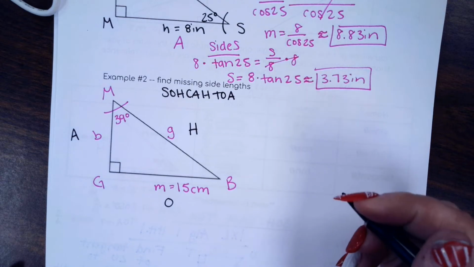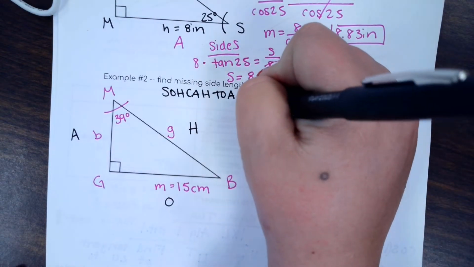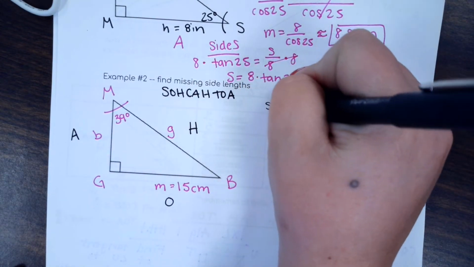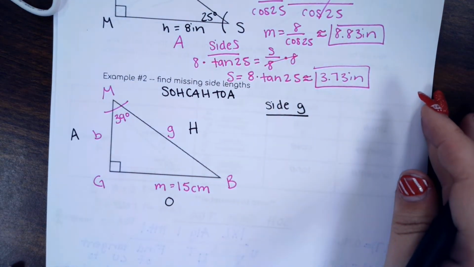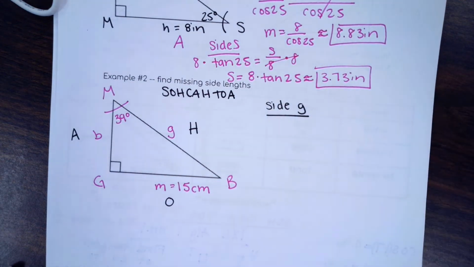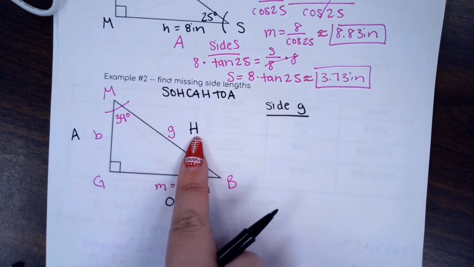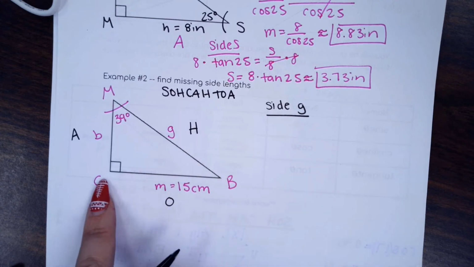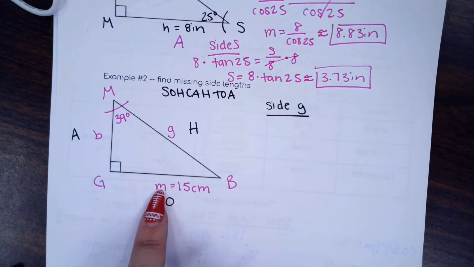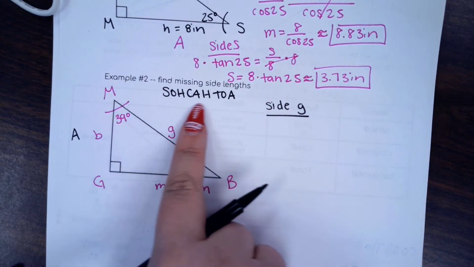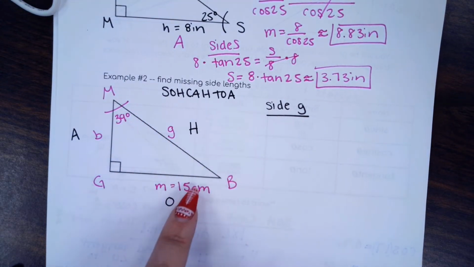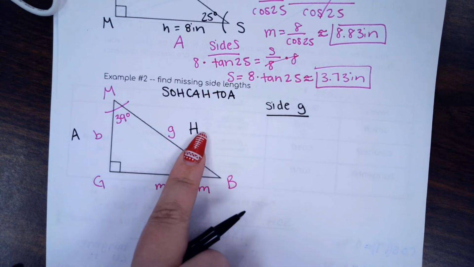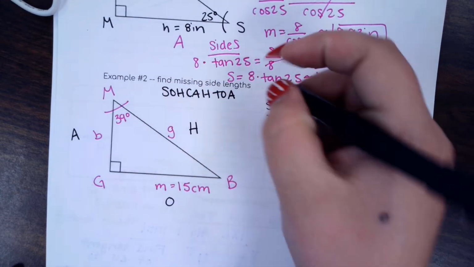Okay, so let's just do side G first. Again, doesn't matter. I just chose G because that's what I looked at first. So side G is our hypotenuse, and we know M, which is our opposite side. So we look at SOHCAHTOA, which trig function ratio deals with opposite side and hypotenuse. That looks like sine.